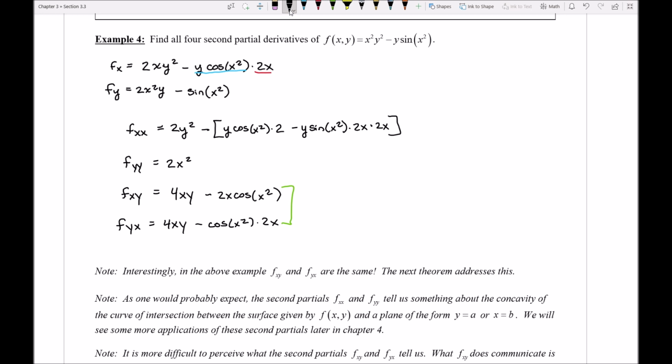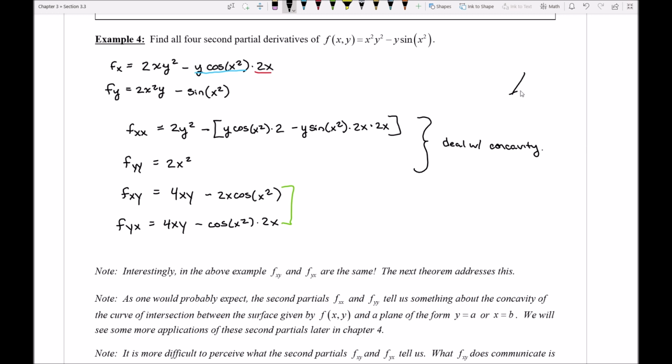They represented concavity, right? Or at least that's what we use them to help discuss. So actually, my fxx and fyy are going to help deal with the concavity of those different curves that exist along the surface in those different directions.